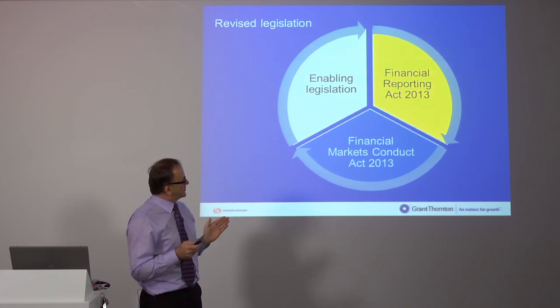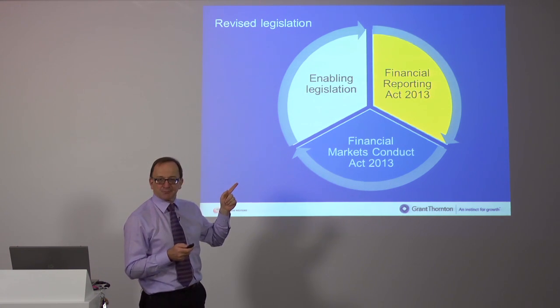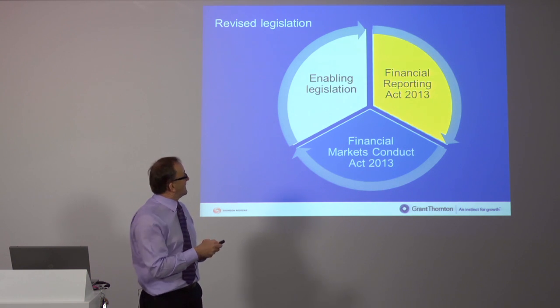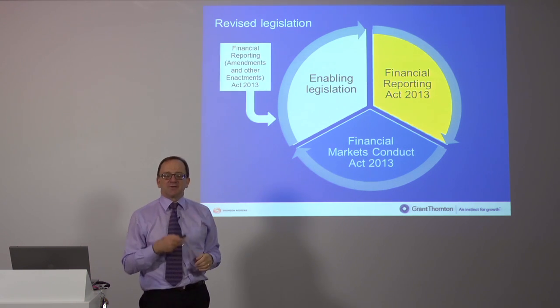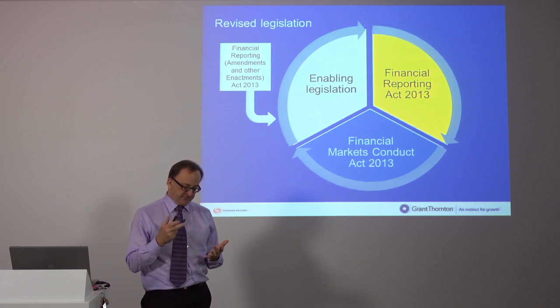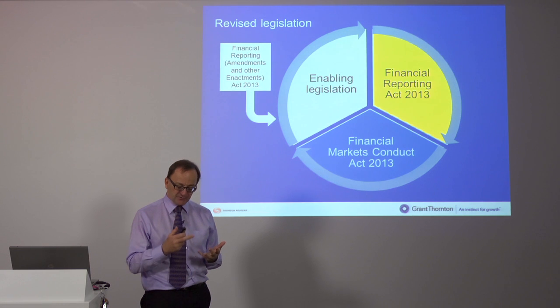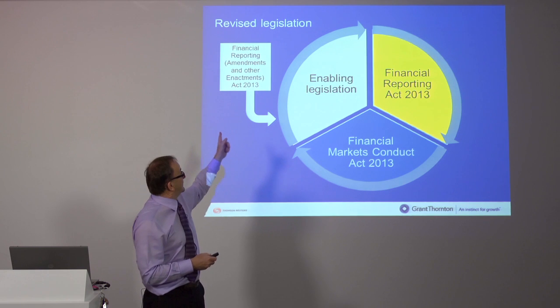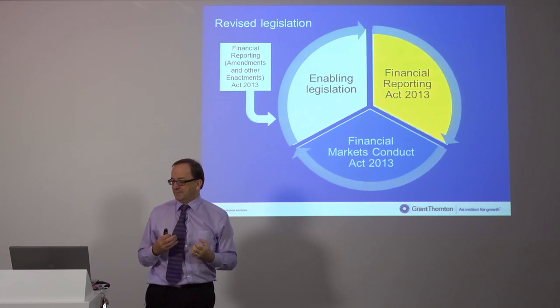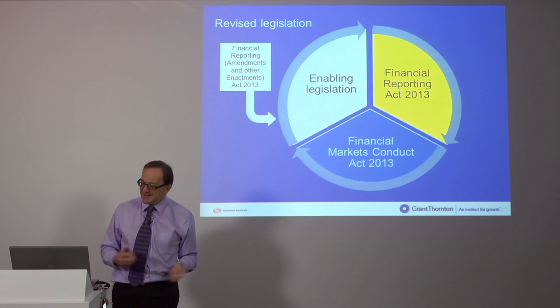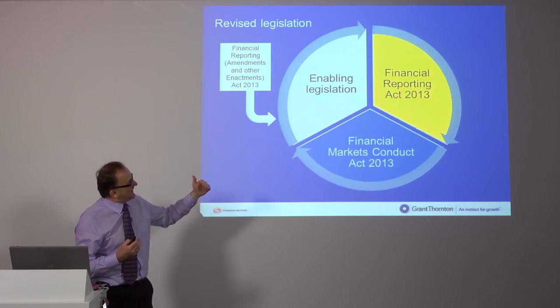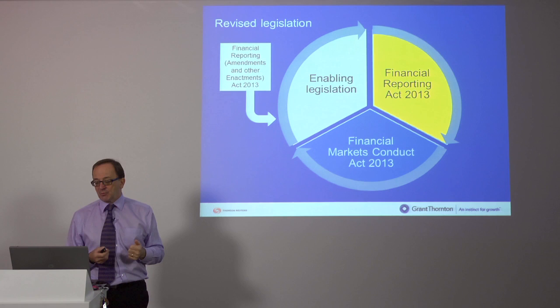Well, the change is that the Financial Reporting Act, having been skinnied, means that now you've got to go into the enabling legislation to find out what qualifications the auditor needs to have, if any, to undertake the audit, to find out what the reporting deadlines are, what the penalties for non-compliance are, what the timelines are, etc., etc. So the devil's in the detail, but you've got to go to that Financial Reporting Amendments and Other Enactments Act, what a great name, to get to what's happening.